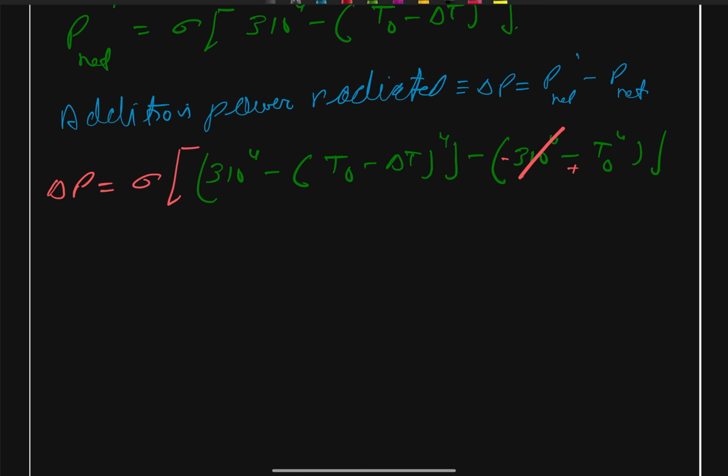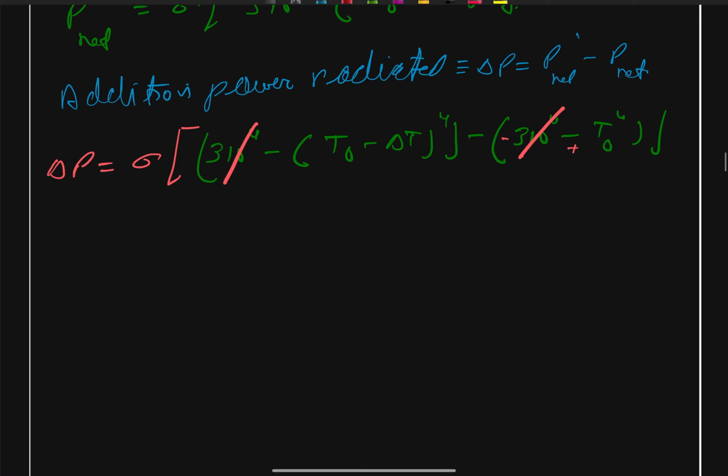So 310 cancels out, and we get delta P equal to sigma times, minus minus plus, that is T naught 4 minus (T naught minus delta T) whole raised to power 4.